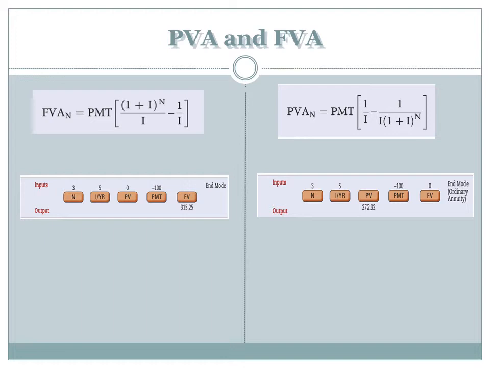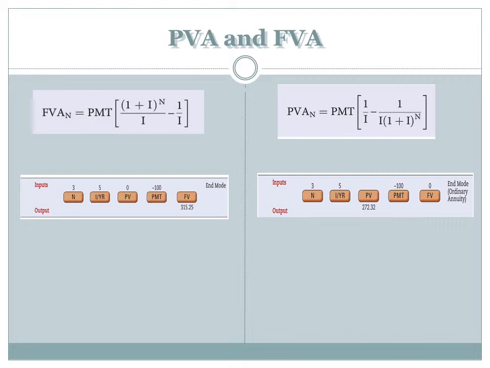Now we see that we can use a formula for the future value of an ordinary annuity, or use a financial calculator. Keep in mind that the other things are the same, and this time you have to put 0 as present value and negative 100 as payment.